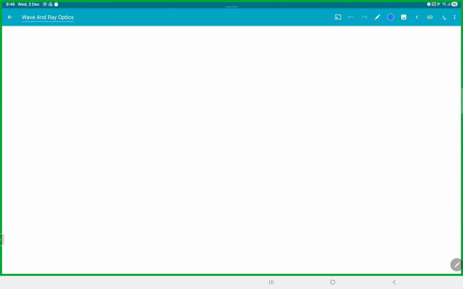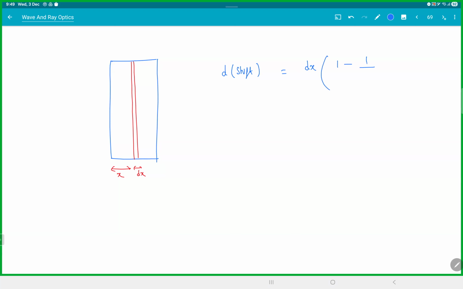Let's see. So at a distance x, we take a thin slab dx. So that small shift will be the thickness of the slab, which is dx, into 1 minus 1 by mu. Outside is vacuum.